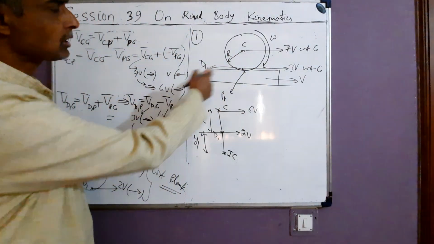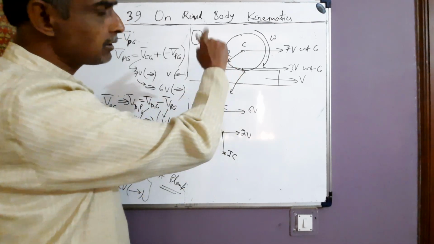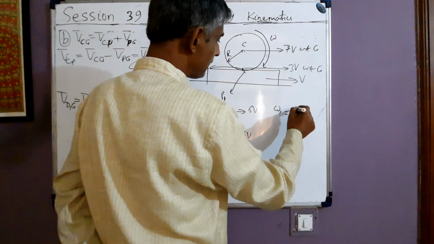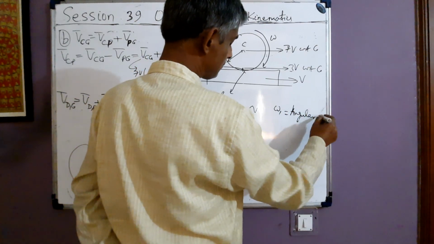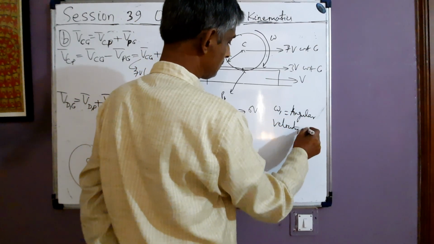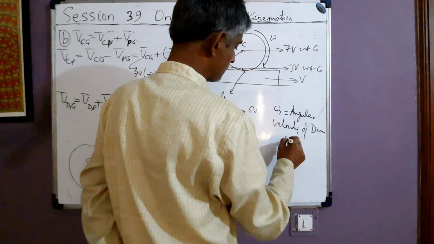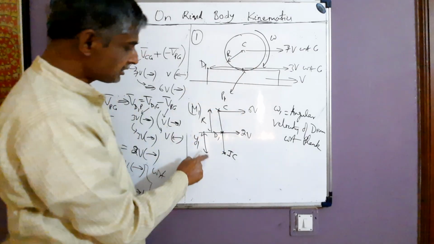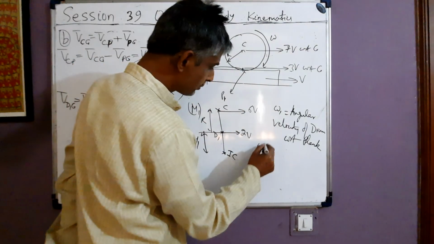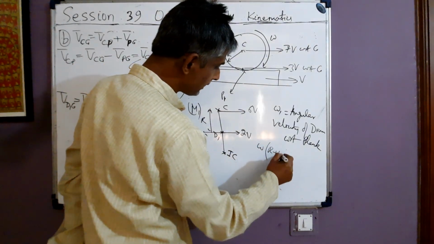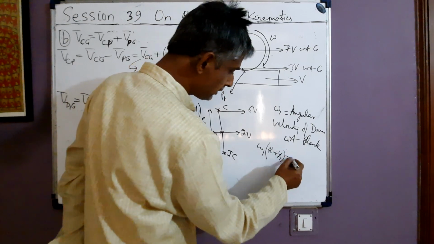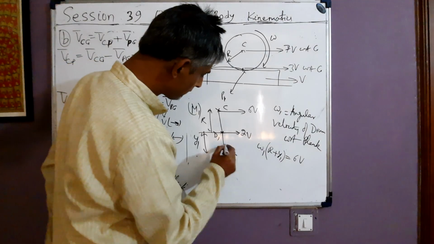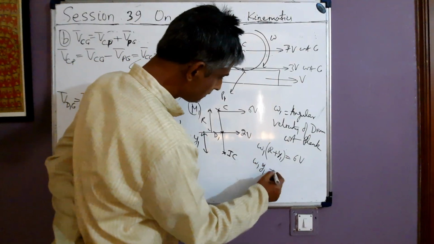In the previous part we found omega of drum with respect to ground, but now we want omega of drum with respect to plank. Center is at distance r plus y1 from IC, so its speed is omega 1 into r plus y1, which is 6V. D1 is at distance y1 from IC, so its speed is omega 1 y1, which is 2V.